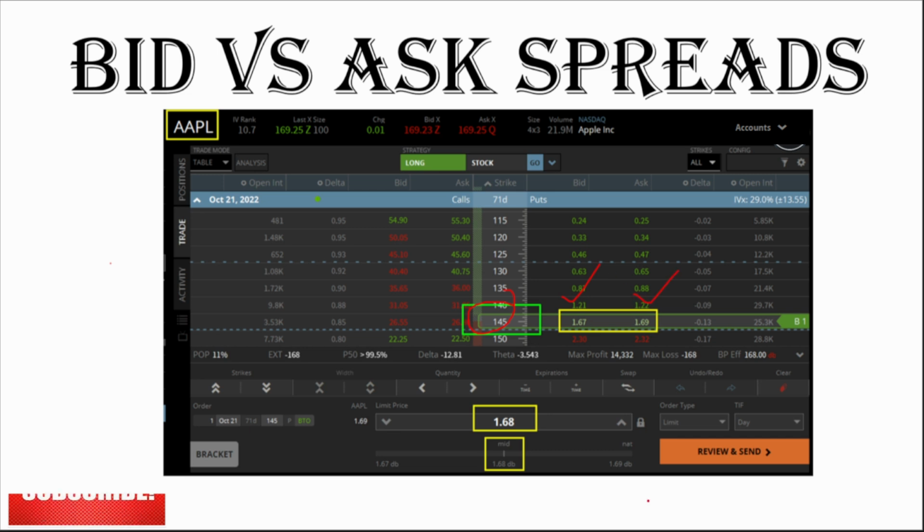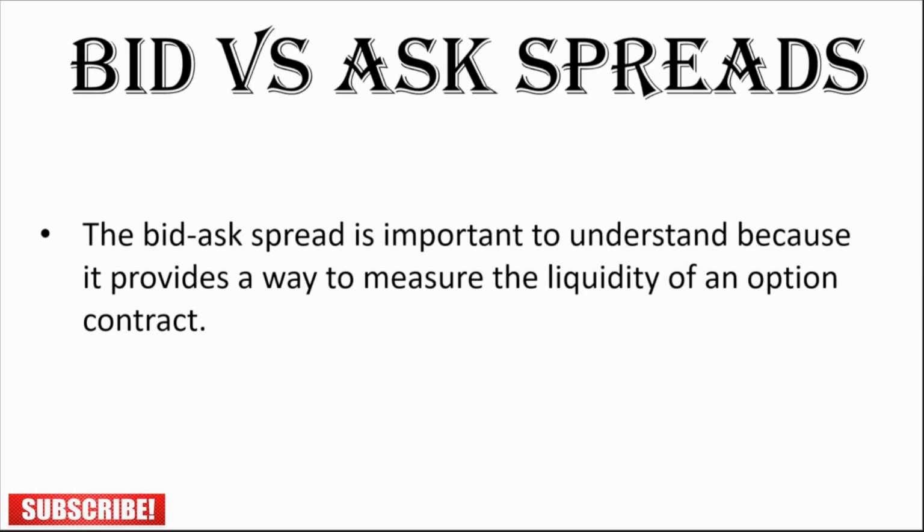If you were to buy the 145 long put, we could place a limit order at the mid price of $1.68 and wait to get filled. The bid-ask spread is important to understand because it provides us with a way to measure the liquidity of an option contract. A wide spread means that an option is less liquid because there are typically fewer buyers and sellers. In other words, lower volume for the option contract.